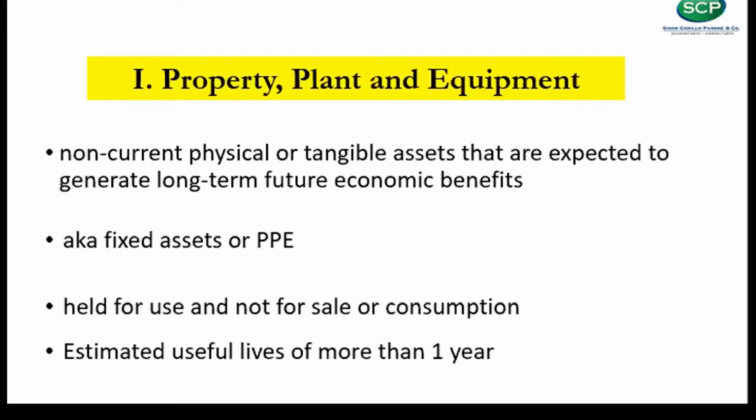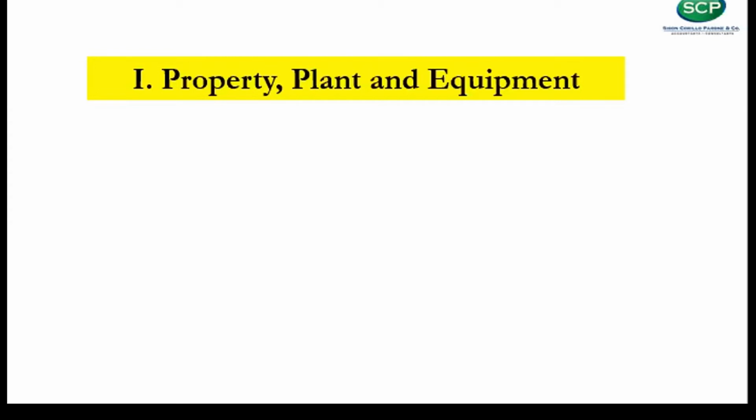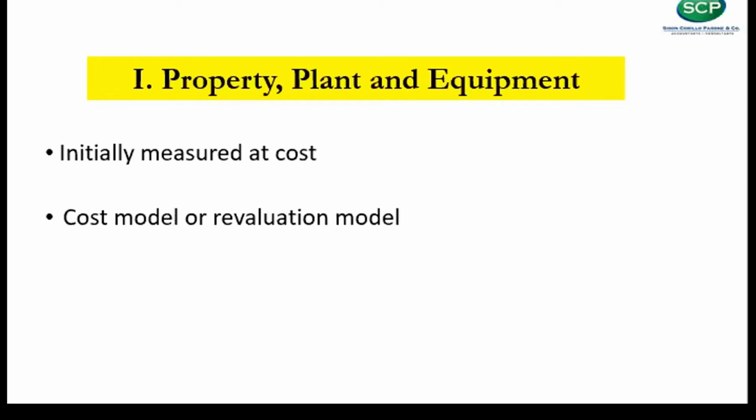Under PAS 16 of the Philippine Financial Reporting Standards or PFRS, PPEs are initially measured at cost, and then after recognition, companies can choose to measure fixed assets either at the cost model or the revaluation model.